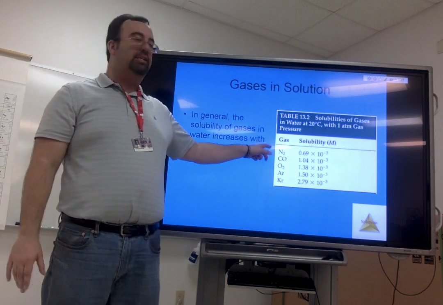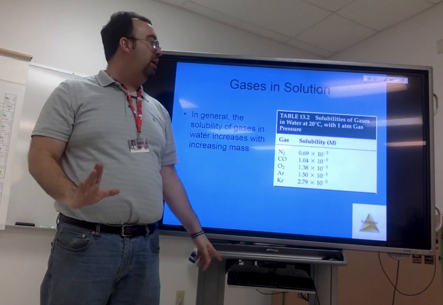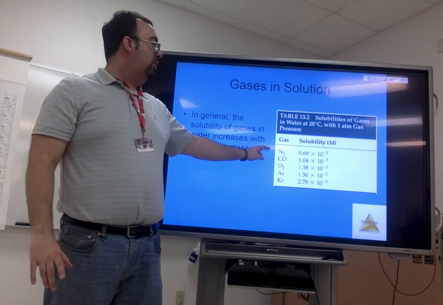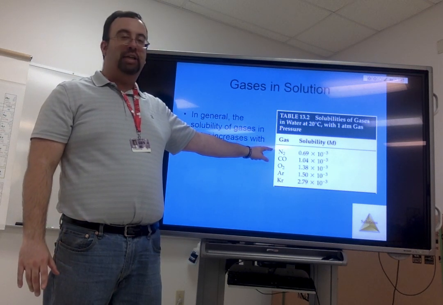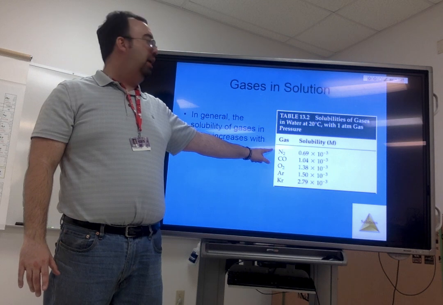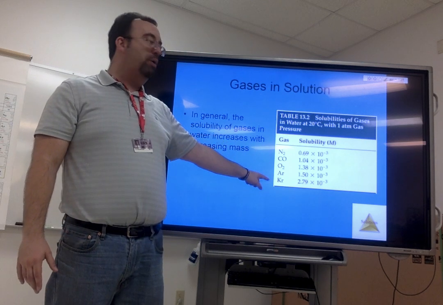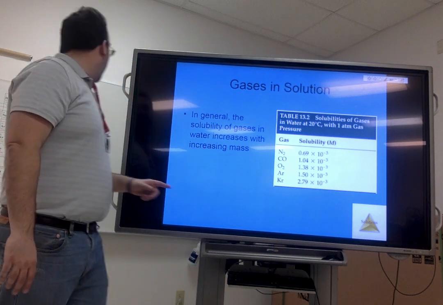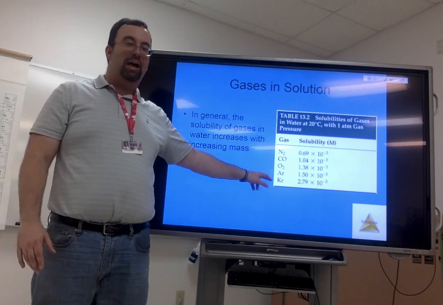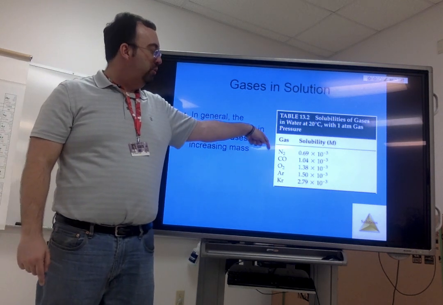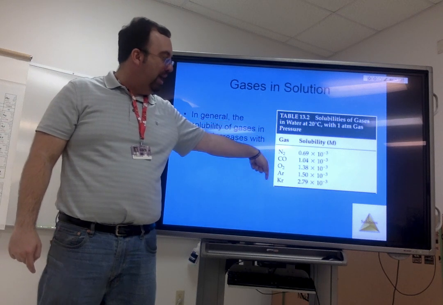We have a table over here, which of course you don't have to memorize, but if we look, we'll see that nitrogen gas has the smallest molar mass, roughly 28 grams. Krypton, a noble gas, has an approximate molar mass of 84 grams per mole. So the masses increase as we go down.